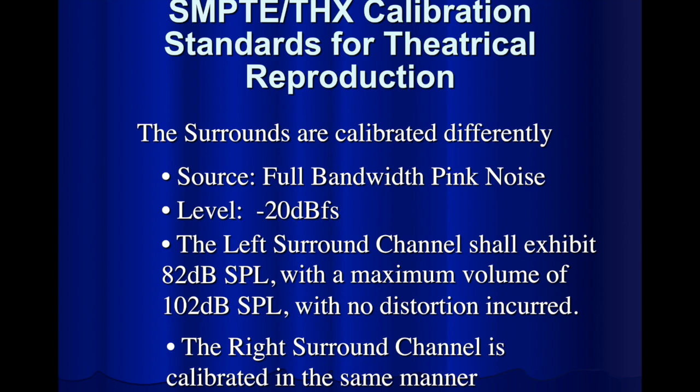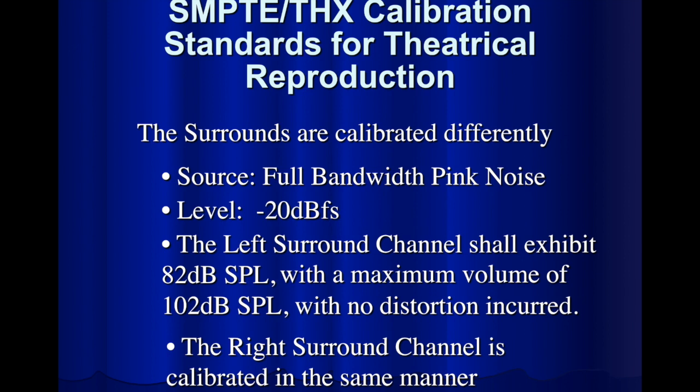There's a trend in Hollywood right now that brings the level down for home theater reproduction to 78 dB all the way around. If you're doing a music production, you keep everything at 85 all the way around. If you're doing a home theater production, you set everything at 78.